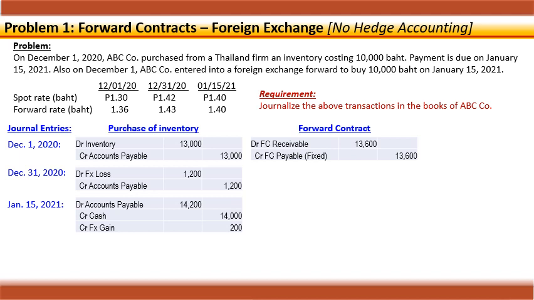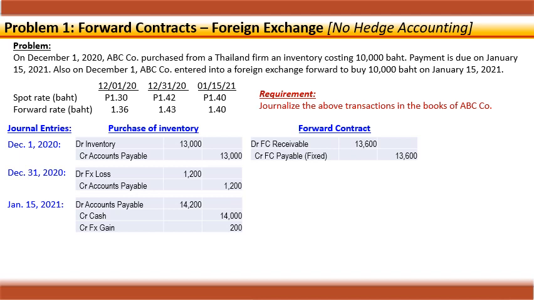Tapos, since diba, bibili ka ng 10,000 baht, yung payable portion, yun yung fixed mo. Ang gagalaw mo lang sa mga succeeding entries mo, yung forward contract receivable. Kapag gumalaw yung forward rate mo. So, on December 31, 2020, ang sabi, the 15-day, dati nung December 1, that's 45-day forward rate, 1.36. Pagdating mo ng December 31, 15 days na lang natitira towards the payment date. Ang forward rate mo na is 1.43.